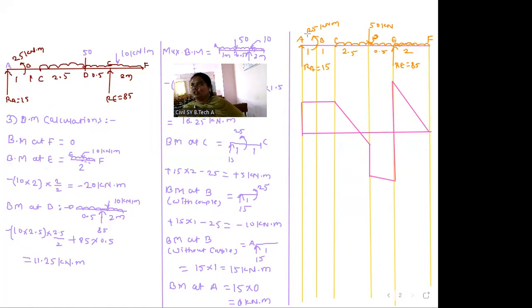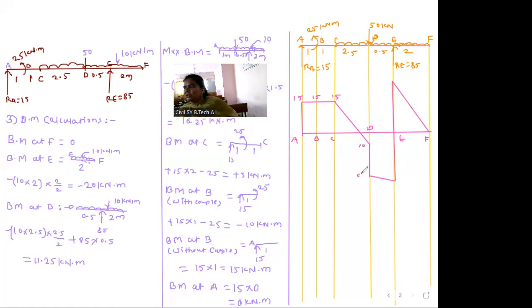This is the shear force diagram. I will mark values here. So this is point A, this is B, C, this is D, this is E and F. Here 50, at B again 50, at C again 50. At D, here shear force is 10.